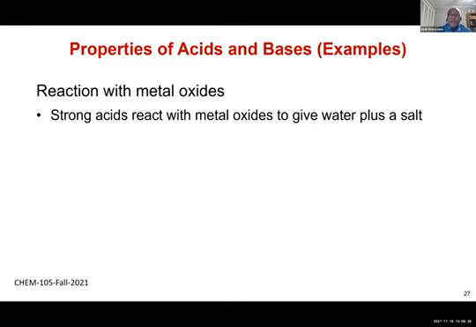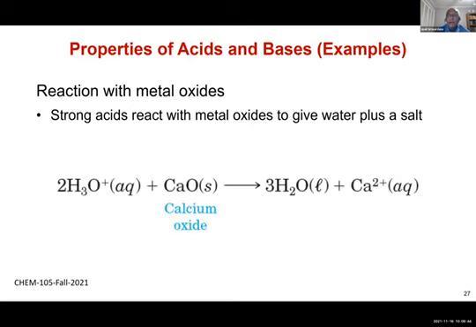Acids also react with metal oxides, like they do with metal hydroxides. Metal oxides behave as bases and produce the salt and water, like given here.